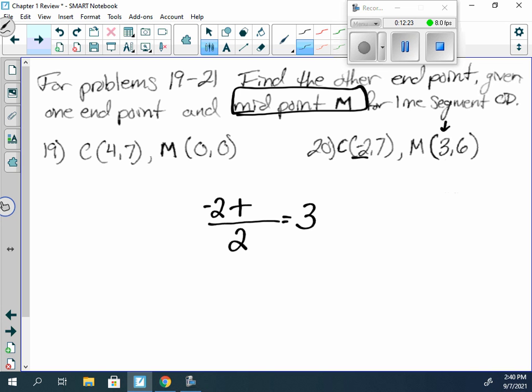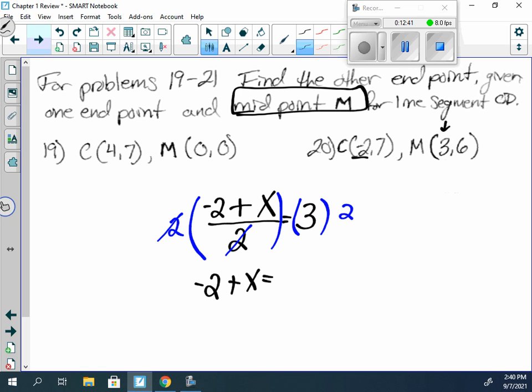Well, negative 2, do we know what the other one is? So we call it x. So we can go on and solve for this, and our first step is to multiply both sides by 2, because these 2's will cancel, which leaves us with negative 2 plus x is equal to 6.